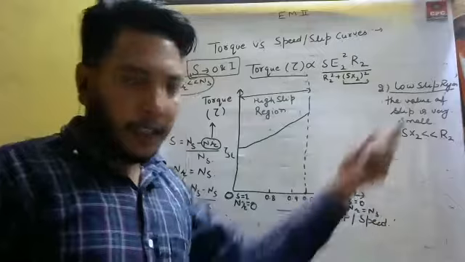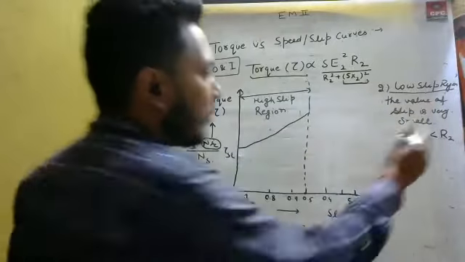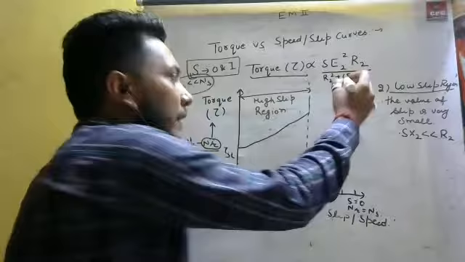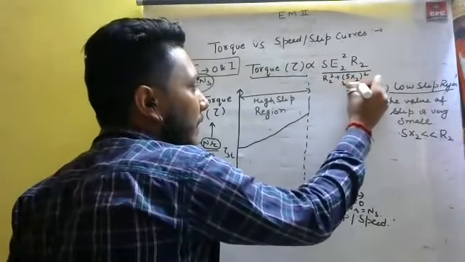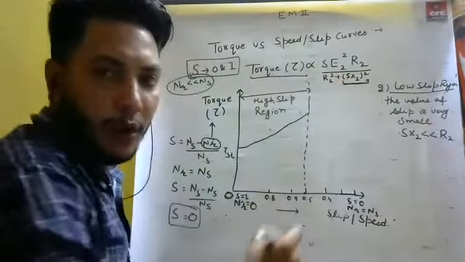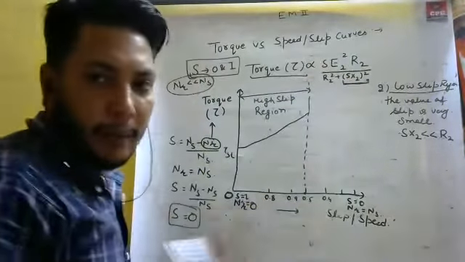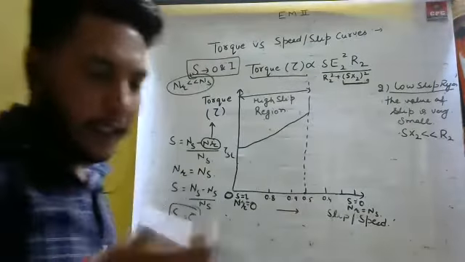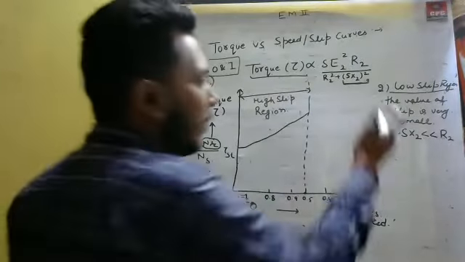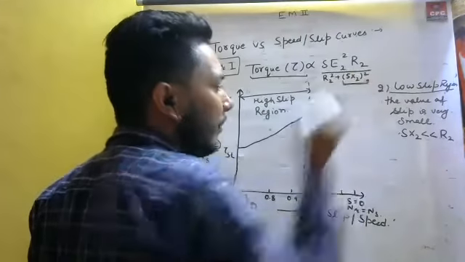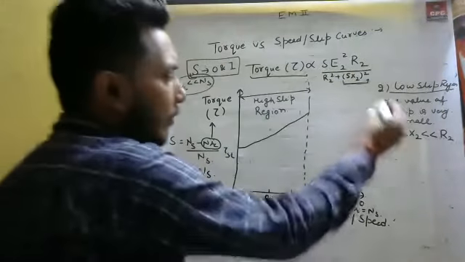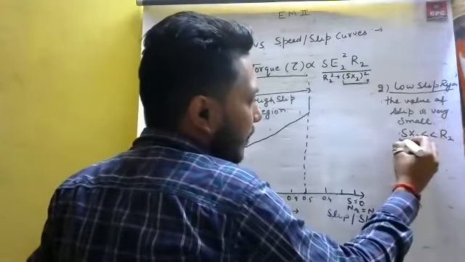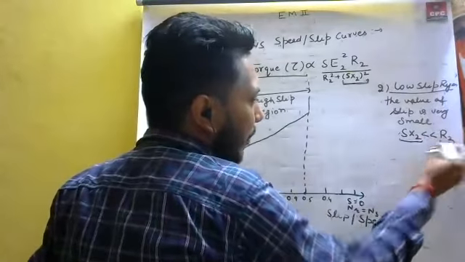In the low slip region, the value of slip is very small, so that component S into X2 is very small as compared to R2. But in the case of the high slip region, the value of this component S x2 is very large. So we're talking about the low slip region, and this value is very small as compared to R2.